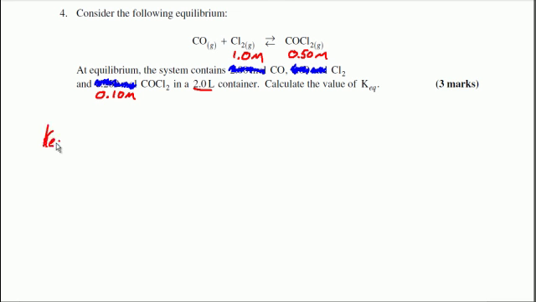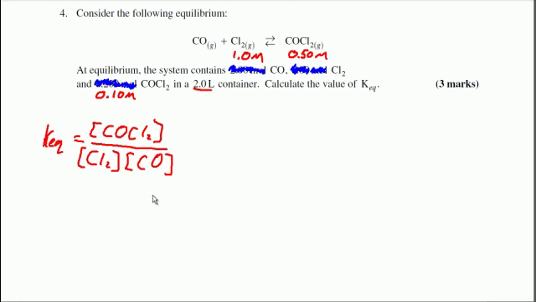But anyways, calculate the value of KEQ. So again, KEQ equals products over reactants, or in other words, it is COCl2 over chlorine times carbon monoxide. And we're going to plug in our numbers. Now you can plug it in and do that calculation by yourself, like 2.00 moles divided by 2 liters.